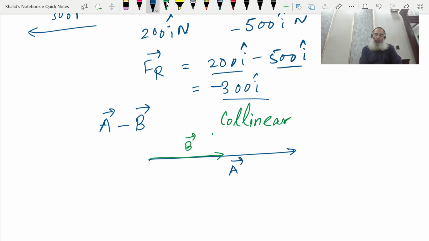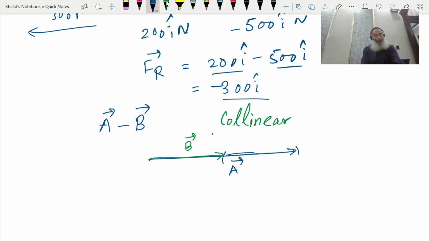Both vectors start from the same point. Without knowing algebra, you can physically see that the shorter vector ends here, and the remaining length of the larger vector is the difference. So from here to here is the difference of both vectors, provided both are collinear, in the same direction.